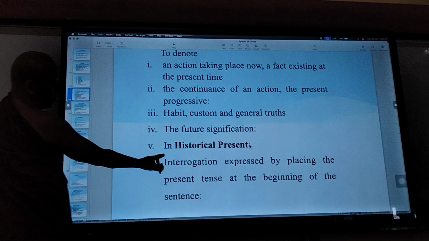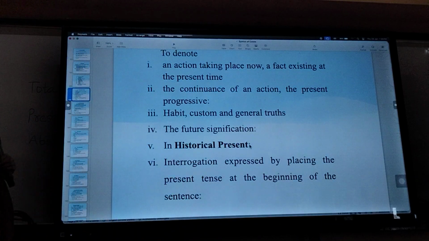The last one: interrogation is expressed by placing the verb of the present tense at the very beginning of the sentence, like "you get to see, don't you get to see." Such a question can be understood.